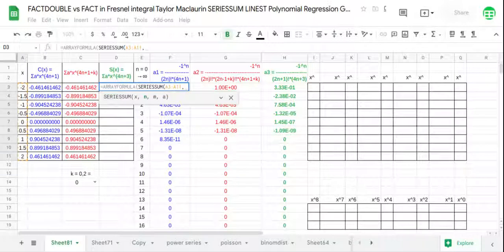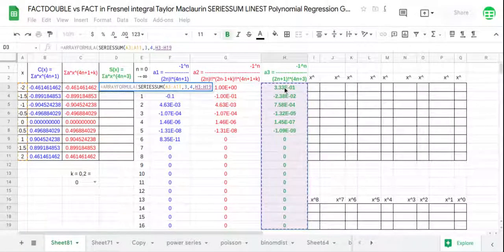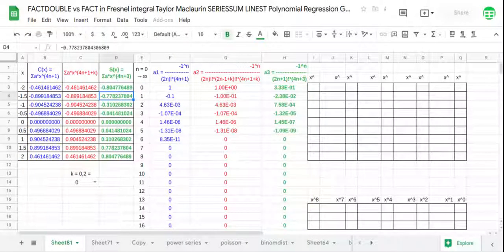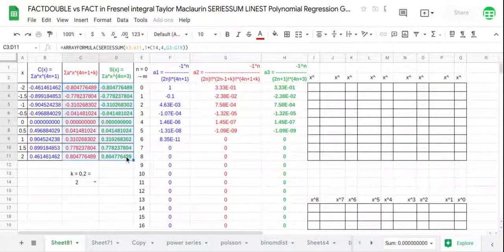So 4n plus 3 at n equals 0 is 3. It starts from 3, incremented by 4, and the coefficient will be this range. Then enter. So if k equals 2, these values are exactly the same.